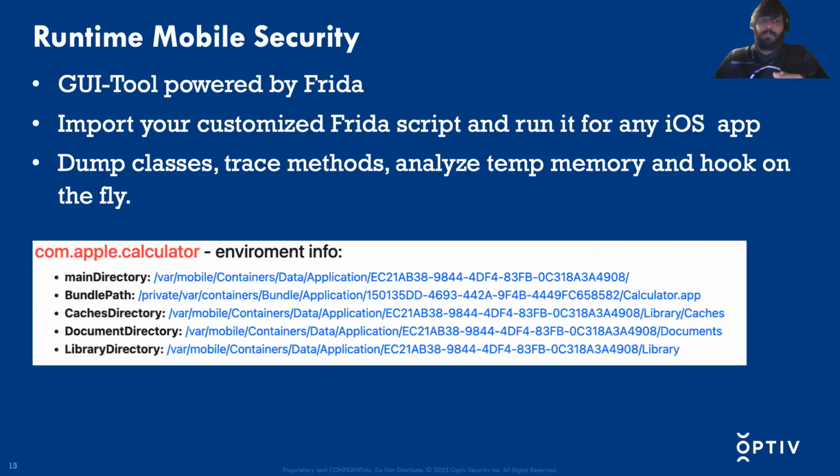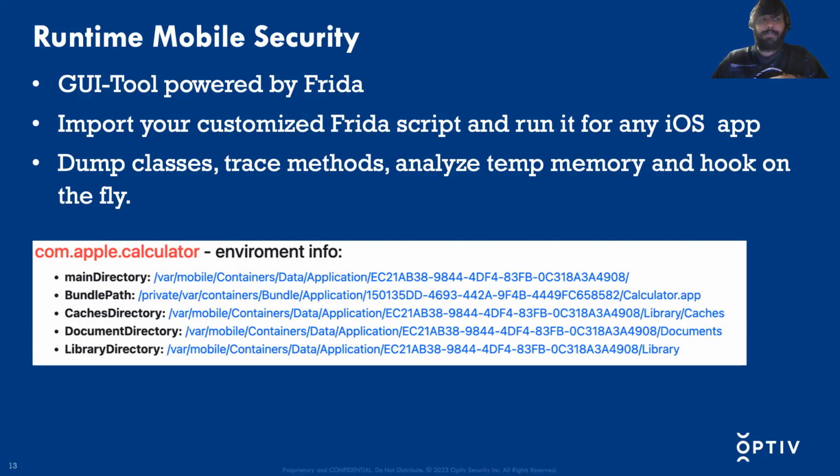Runtime Mobile Security. So far we have looked at dynamic analysis and intercepting the request response for the iOS application. Those are ways to dynamically and manually understand the security posture of the application.